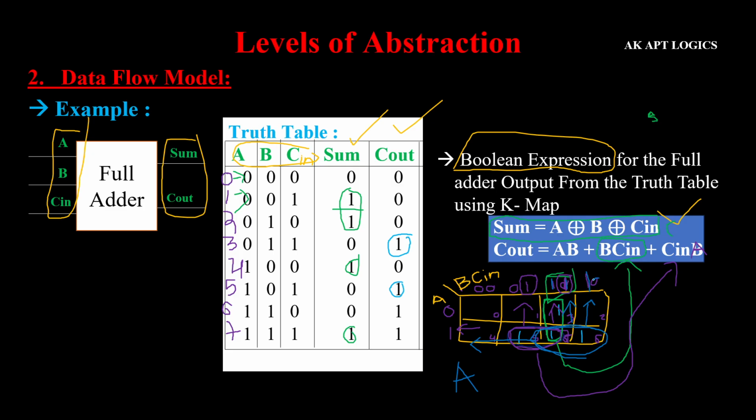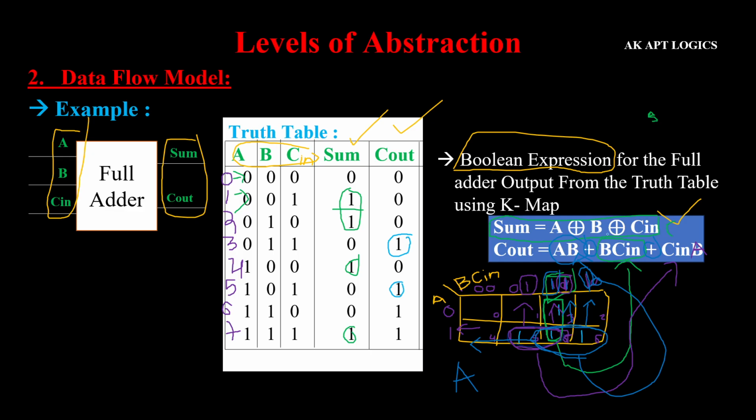It means B is 1 in both cells, whereas Cin is changing from 1 to 0. So from this pair we get AB. Then we do the OR operation between them, because it is an SOP.